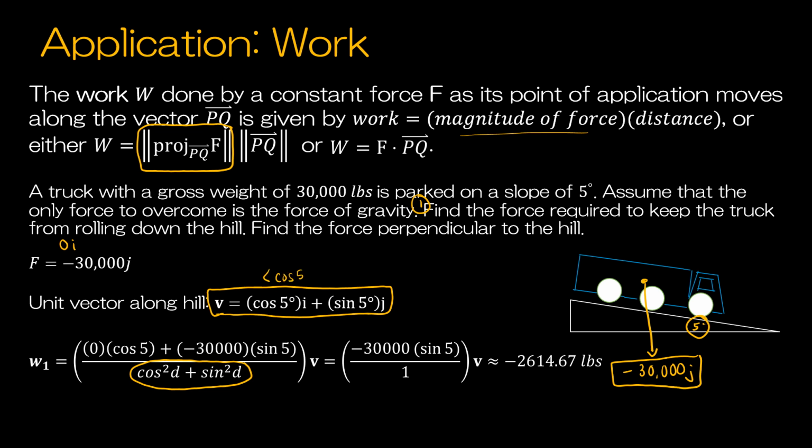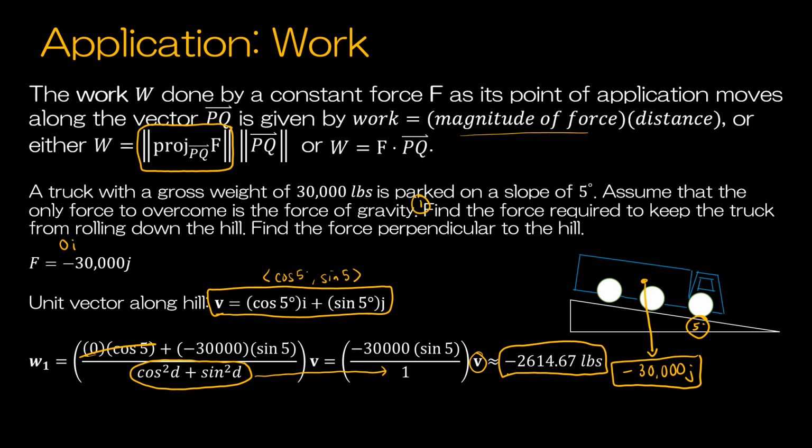I should have had a 5 instead of a d, but you get the idea. We know it's a unit vector, and so that value is going to turn into 1, either by the Pythagorean identity or because it's a unit vector. So that leaves us with 0 times cosine of 5, which cancels out, -30,000 times sine of 5, and then multiplied by v. That's going to give me -2,614.67 pounds.